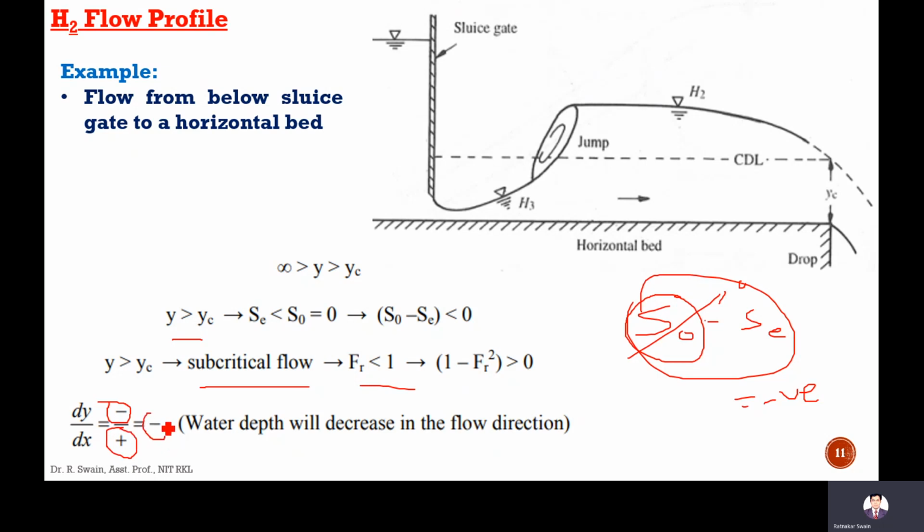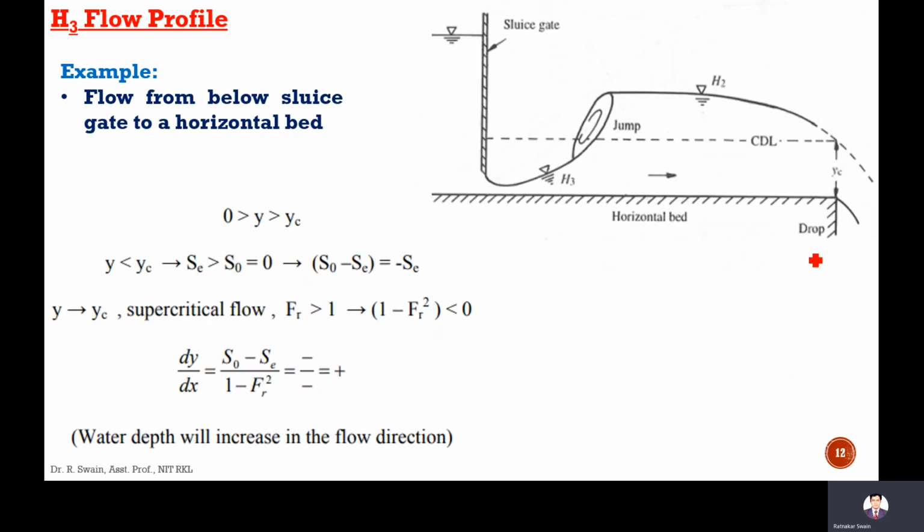So the result will be a negative value. dy/dx will be negative, so water depth will decrease in the flow direction. This can be found in the flow below the sluice gate when it is meeting a horizontal bed, and this horizontal bed again meets a sudden drop. From this drop up to the jump, an S2 flow profile can be obtained.